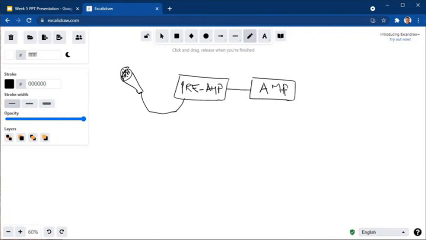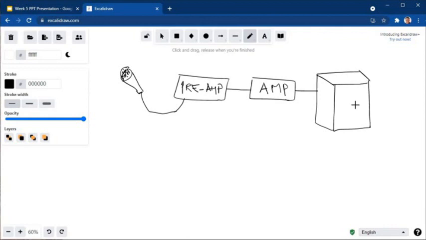So for those who are familiar with audio systems, I'm sure you can relate to this example. Then from our amplifier, we will now go to our speaker.